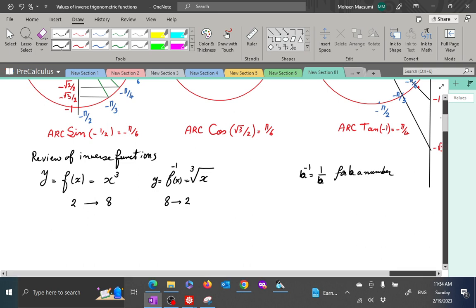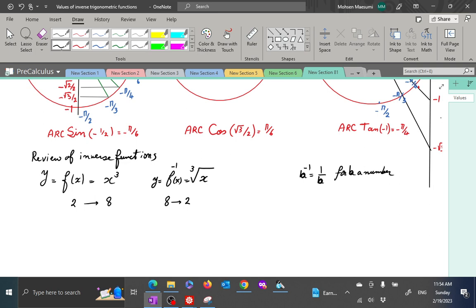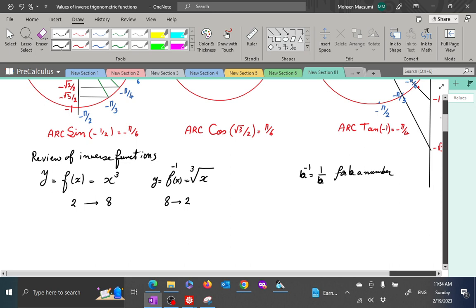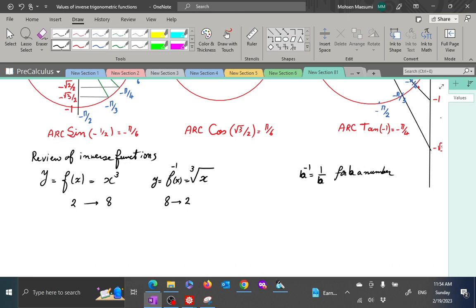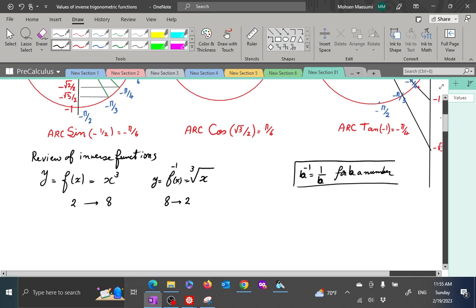For a function, what is meant by f inverse? Well, this is a bit of using the same notation to mean two different things. When we are dealing with functions, more often than not, f inverse means the inverse function in the sense of some activity that takes the output and turns it back to the input. So not to be confused with the inverse that you have seen back in, say, algebra 1. That's not that inverse, it's a more advanced concept.